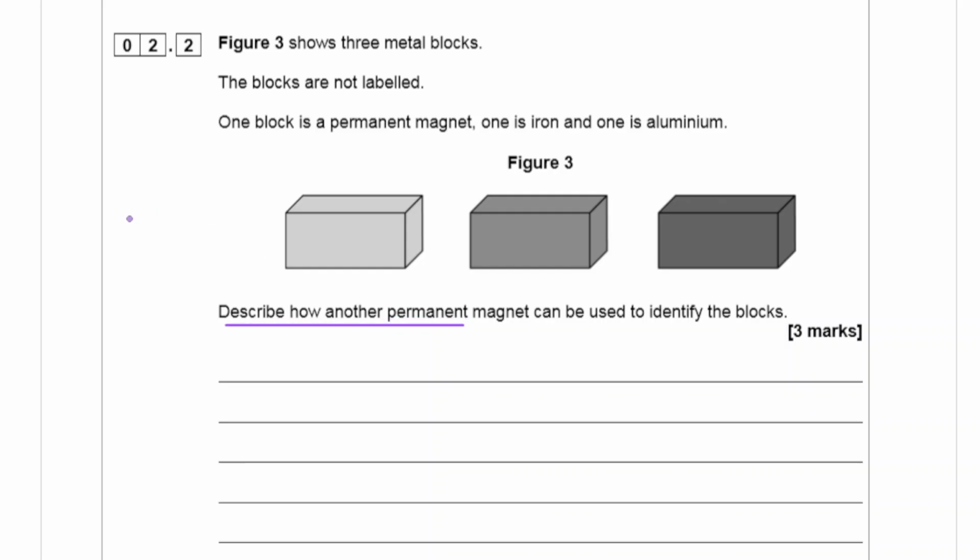Well, if you had another permanent magnet, north and south, what would happen to these 3 blocks? Let's say this is the permanent magnet, this one is iron, and this is aluminium.